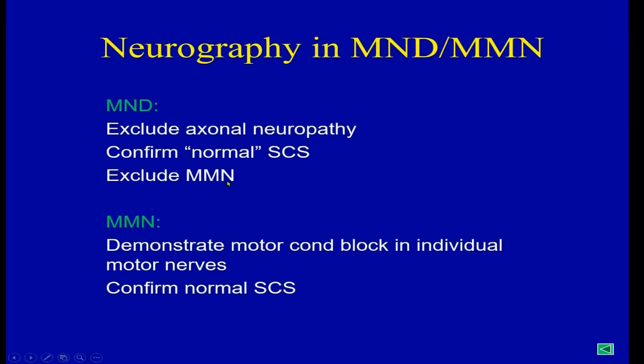In ALS we do not have conduction block, but here we should be able to see conduction block, maybe not in all nerves, but in a few nerves. And the other way around with MMN, there we should demonstrate positively motor conduction block in individual nerves with normal sensory conduction.